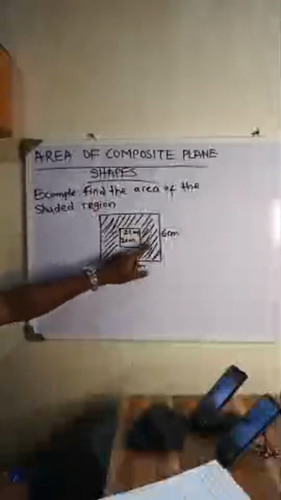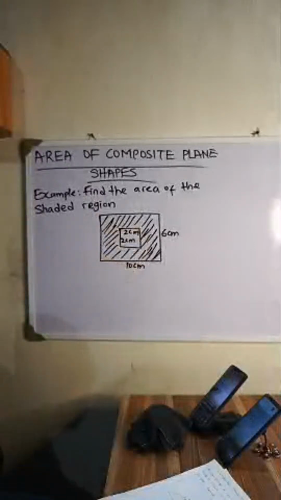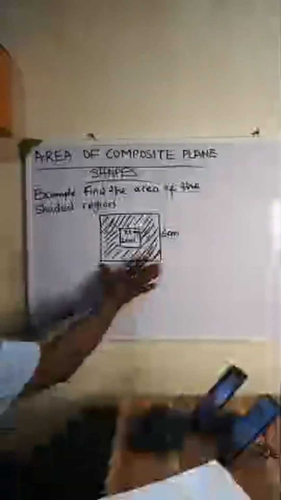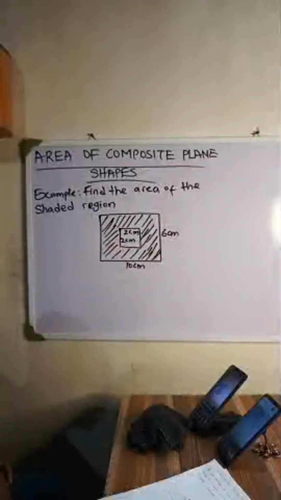Then you will get this space between them. So let's call the larger area, area A, and the smaller area, B.